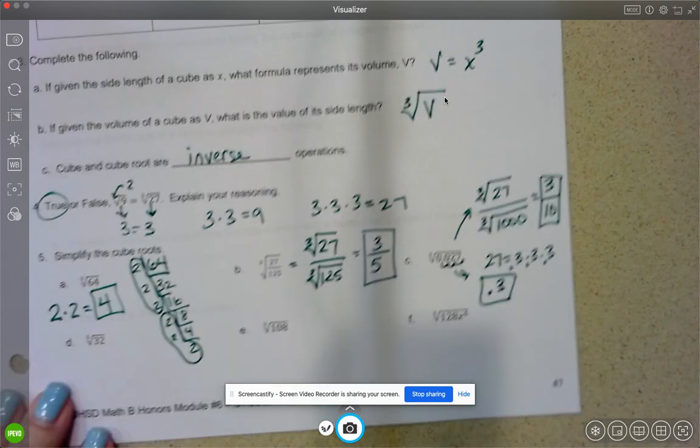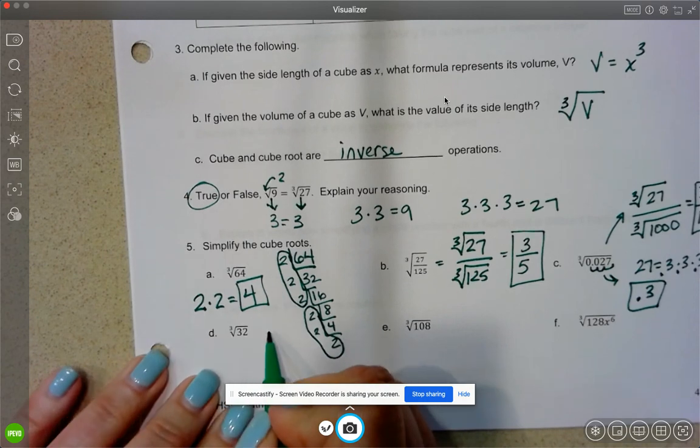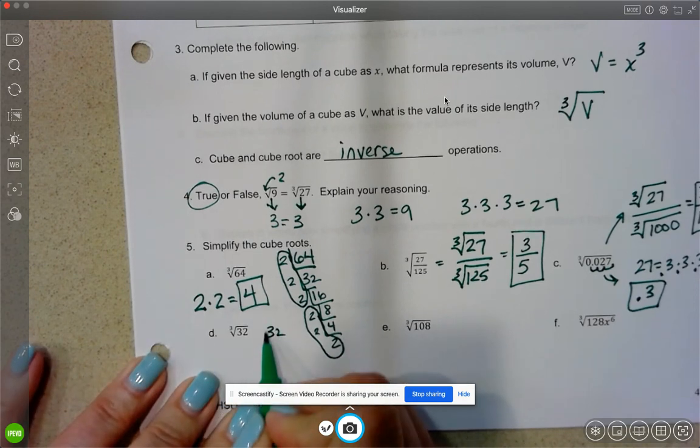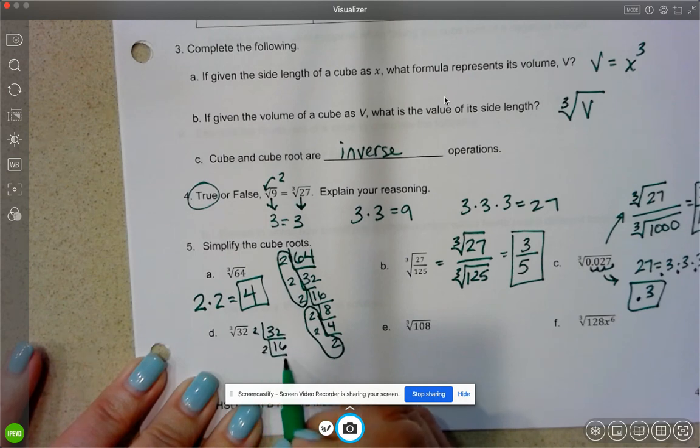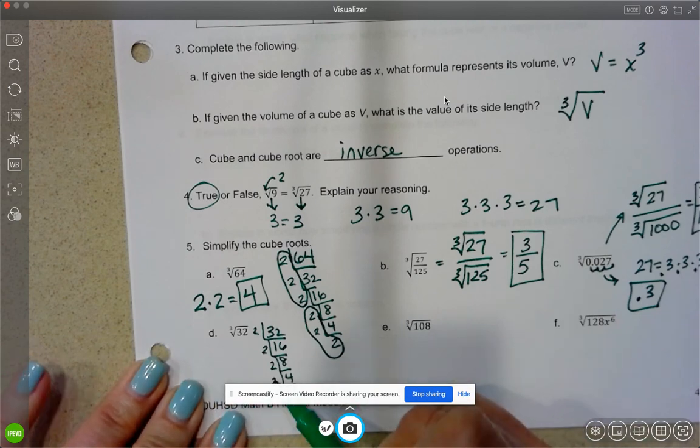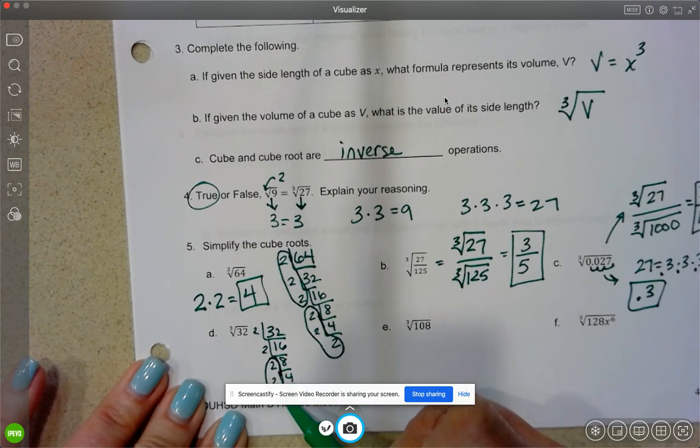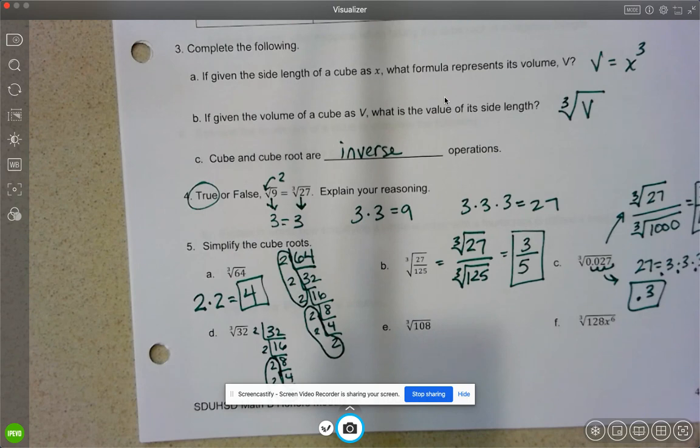All right, 32. Well, 32, I can divide it by 2, 16. I can divide that by 2, 8. I can divide that by 2, 4. I can divide that by 2. And remember, I'm looking for groups of 3. So by now, from this problem and this problem, you should recognize that 8 is the perfect cube because it's always 2 times 2 times 2.